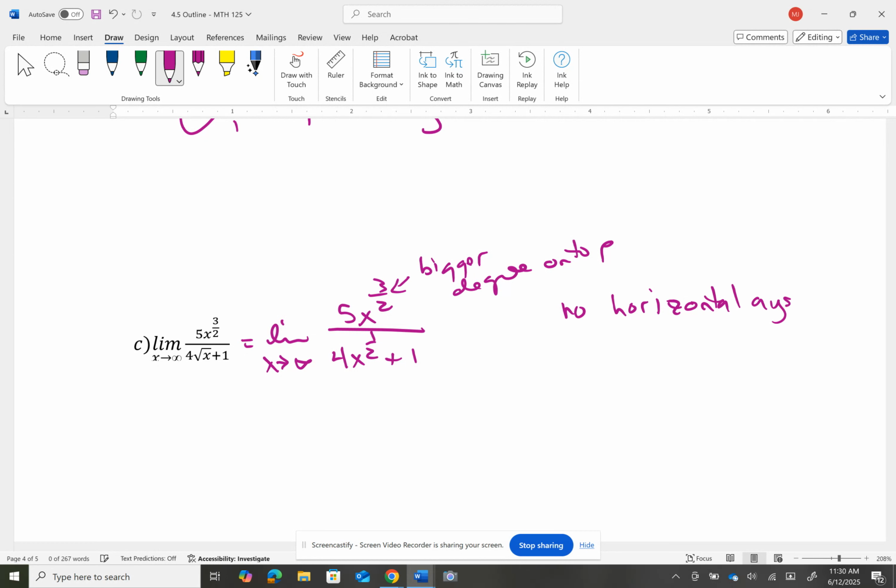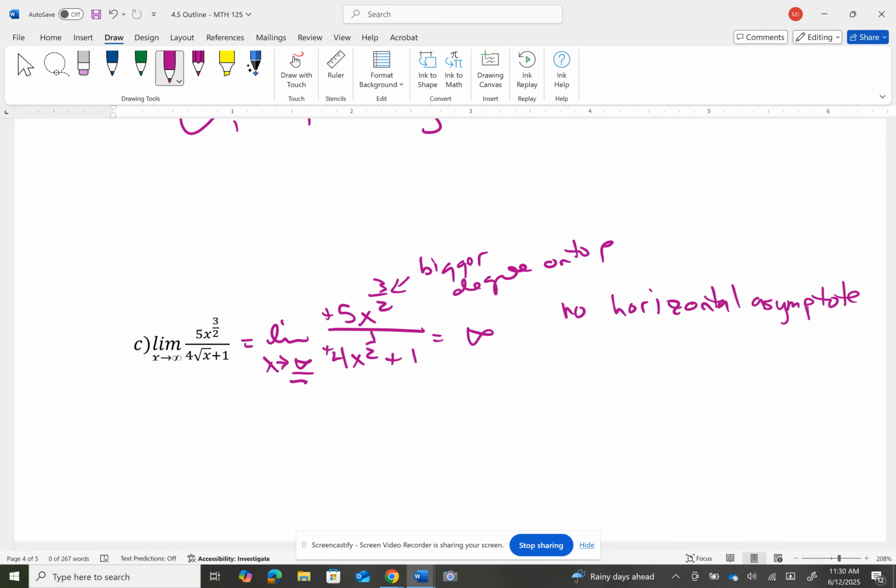It's going to approach an infinity of some sort. Let's think of which one it would be. Since this is positive infinity, and this is positive and this is positive, it's going to wind up being a positive infinity there.